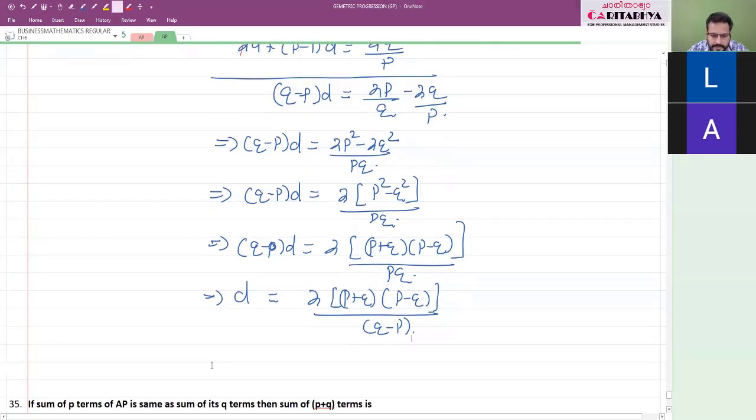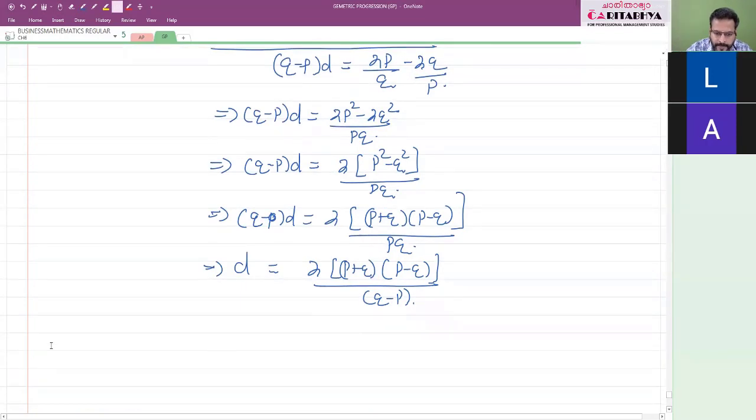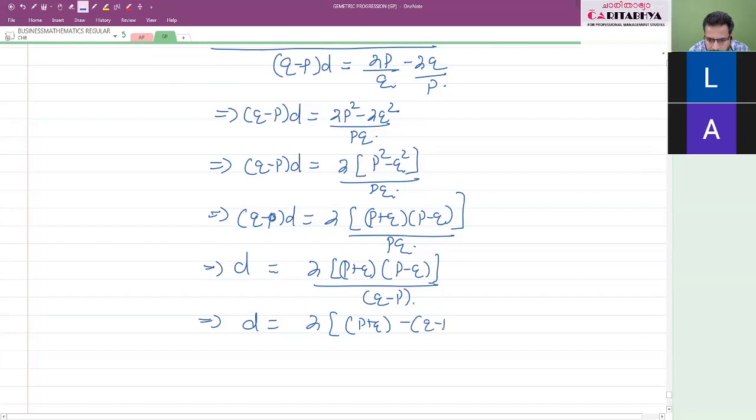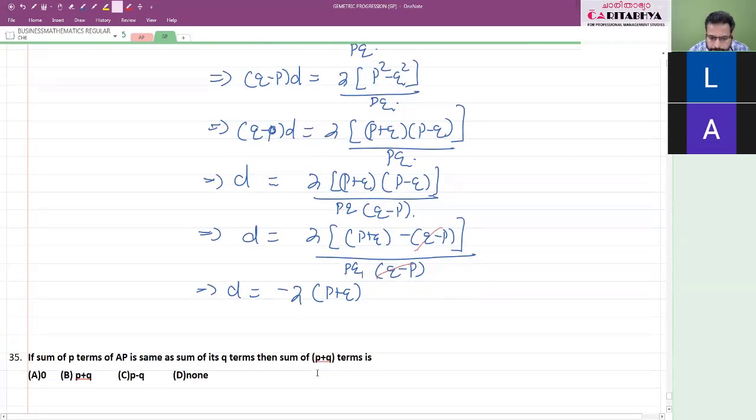Here, P minus Q is the minus of Q minus P, so Q minus P gets cancelled. Minus 1 multiplied, that implies D is equal to minus 2 into P plus Q divided by PQ.